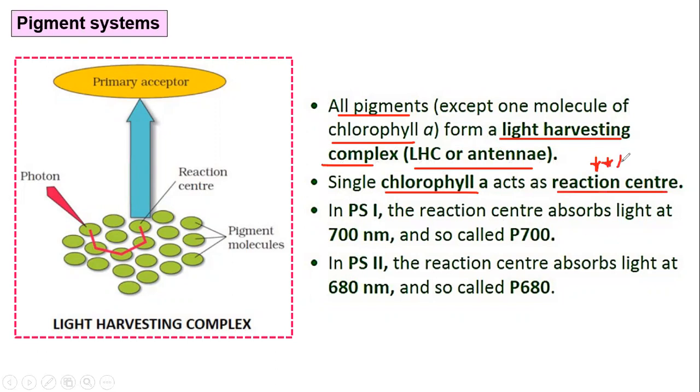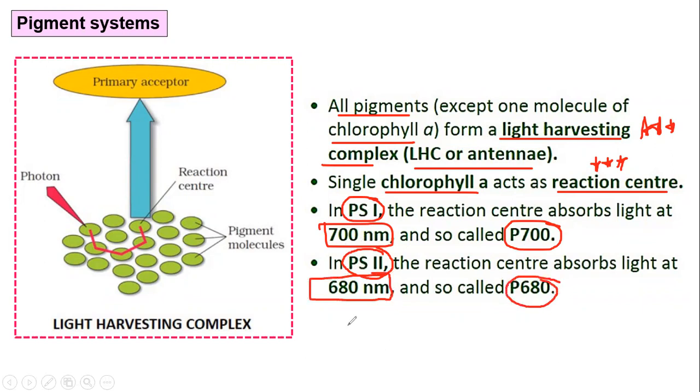Which is the reaction center and which forms the antennae molecule is very important. PS1 means the reaction center absorbs light at a wavelength of 700 nanometer, so we call it photopigment system 700 or P700. Photosystem 2 absorbs light of wavelength 680 nanometer, so we call it P680.